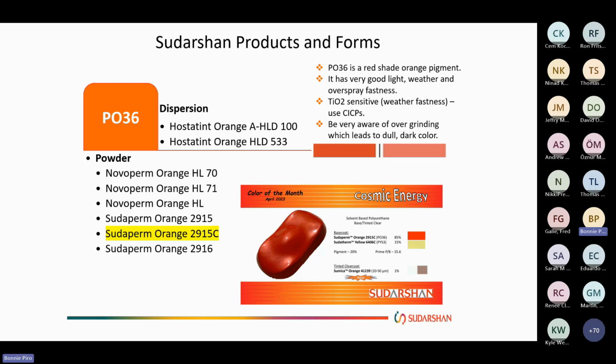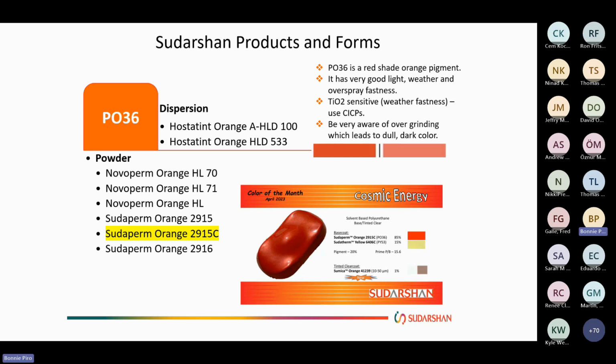And with Orange 36, it's a softer pigment, so I always give a little cautionary comment about not over grinding this particular pigment in coatings formulations. Otherwise, you're going to push it over to a duller, darker color.